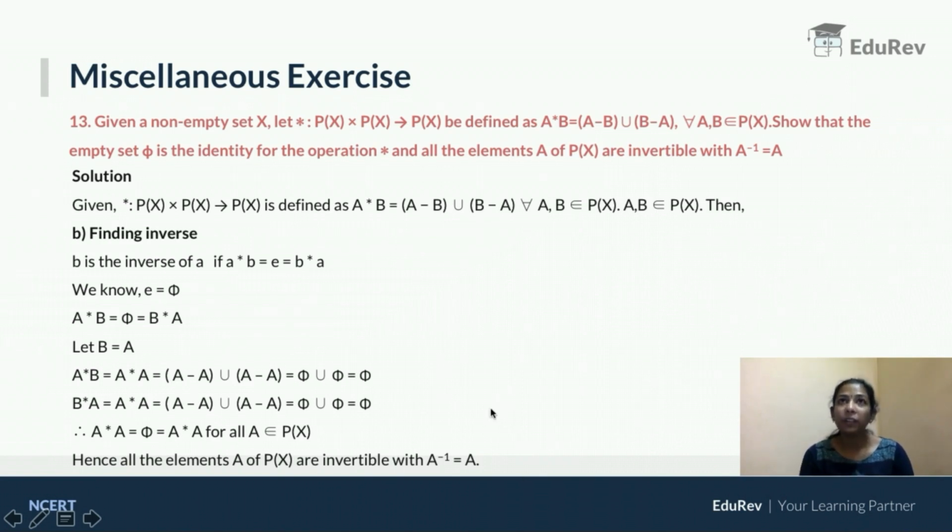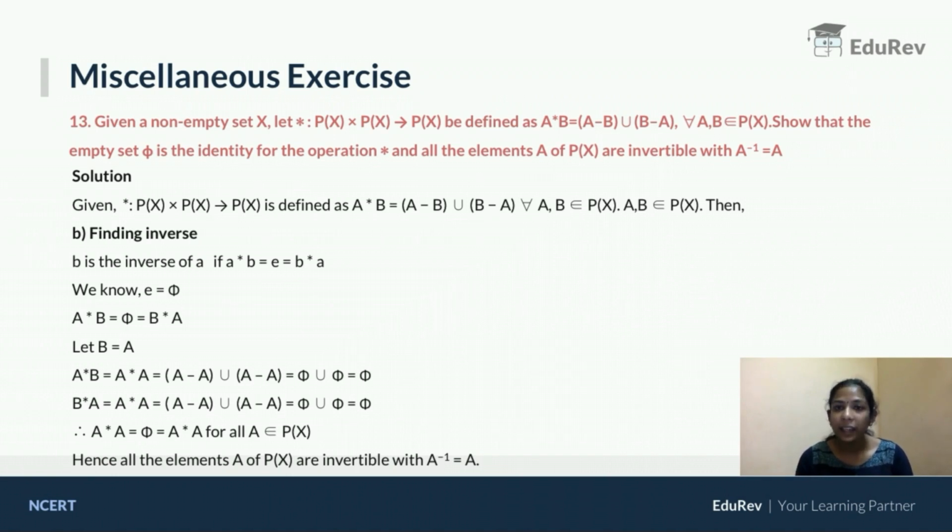Just remember, if they ask about commutative, it should be A star B should be equal to B star A. If they talk about associative, A star B you will be performing first, and star C should be equal to A star, you will be performing B star C first. These both should be matching. When they talk about identity element, what should be the condition?